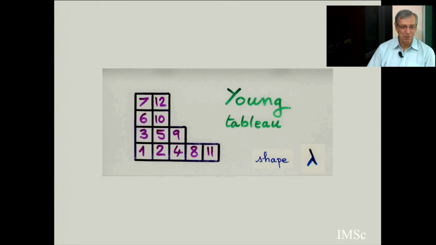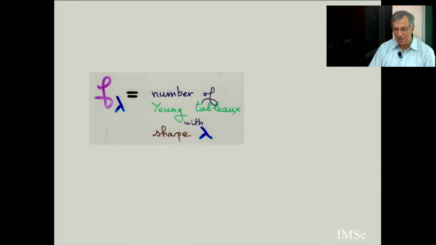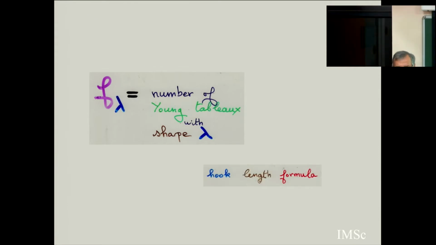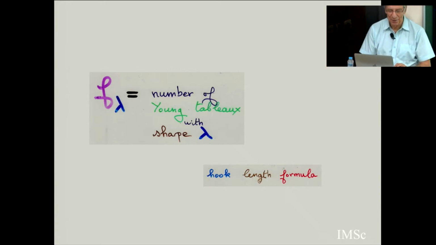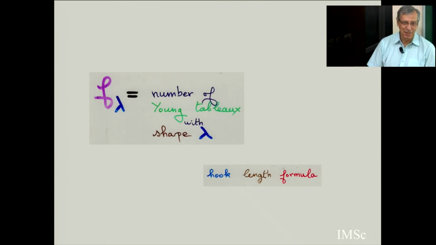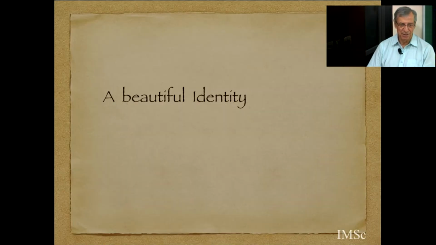A typical enumerative problem is: how many Young tableaux can you get with a given shape? You fix the shape, how many tableaux? There is a very well-known formula called the hook-length formula. I will not give it now, and I call f lambda the number of such Young tableaux. Now there is a very beautiful identity about this f lambda.